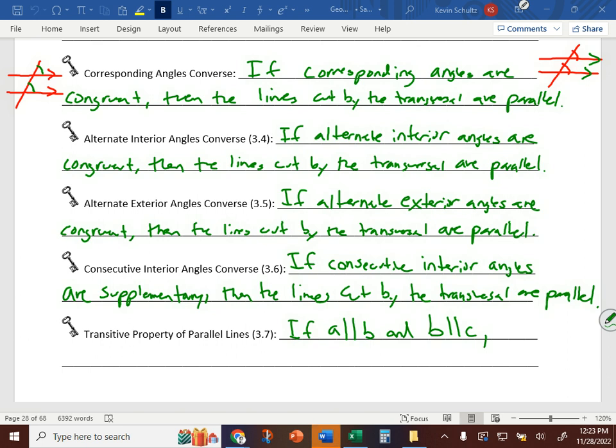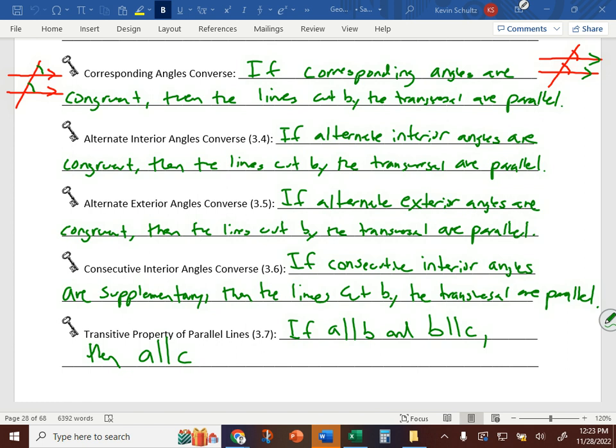So if A is parallel to B and B is parallel to C, then A is parallel to C. Basically, if one line is parallel to two different lines, then those lines are parallel as well.